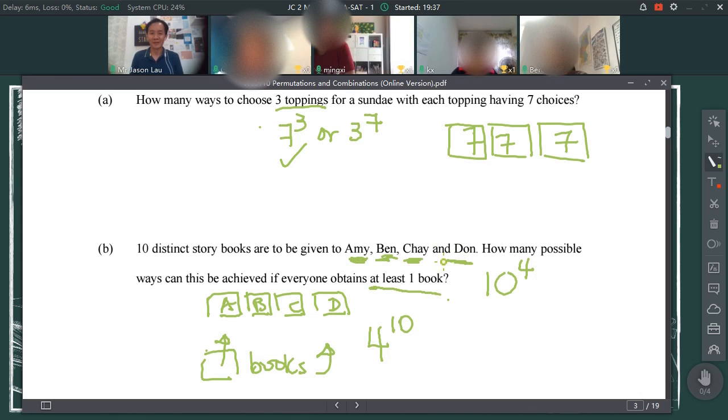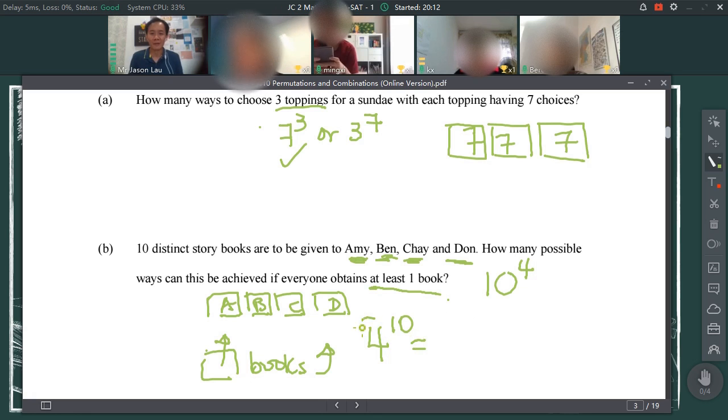I don't know. Each slot has 7 options. So there's 4 slots, then 7 options. Can it be 7 to the power of 4? Cannot, right? No, cannot. Okay.